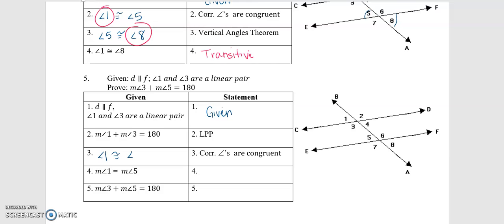And so it would be angle 1 and angle 5. And then if it's congruent, then it's equal is the definition of congruent angles, or just definition of congruence. And then if you look from step 2 to step 3 or 5, the only difference is we're replacing the measure of angle 1 with a 5. So substitution.